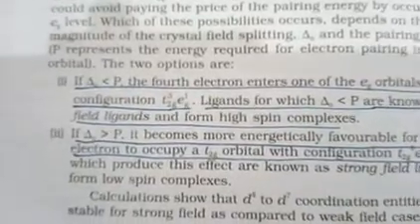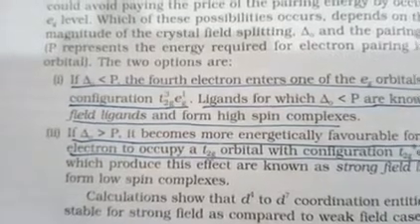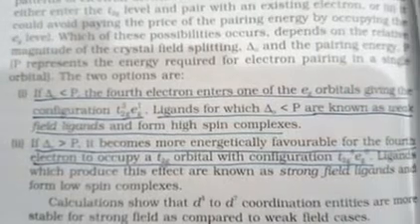Now let us see. If delta O is less than pairing energy P, the 4th electron enters one of the eg orbitals, giving the configuration t2g3 eg1. A ligand for which delta O is less than P is known as a weak field ligand and forms a high spin complex.